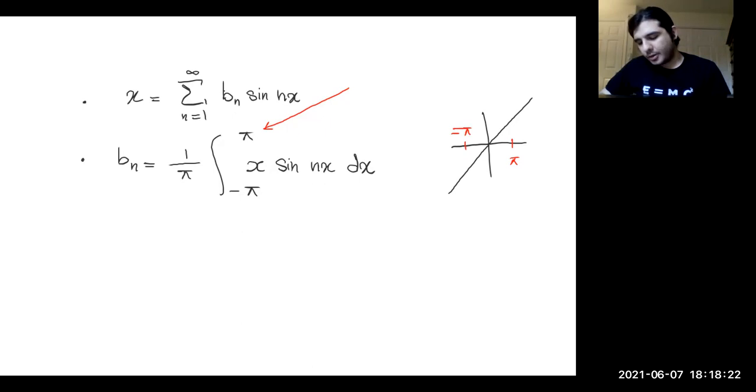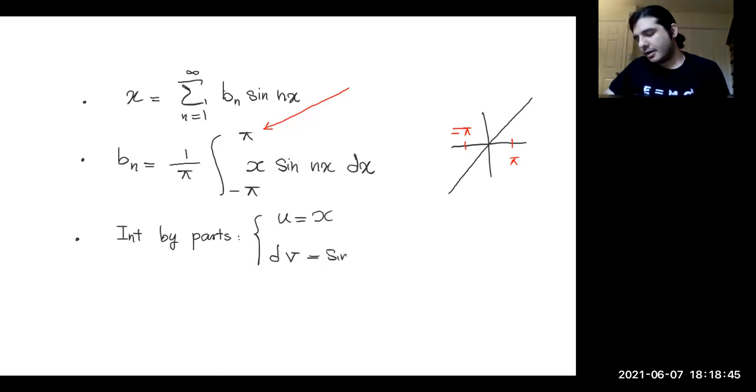Okay, so we want to do this computation. So how can we compute this one? As you can guess, the best way to do this one is integration by parts. So we should decide what is u and what is dv. So we can take u to be x and dv to be sine of nx dx.